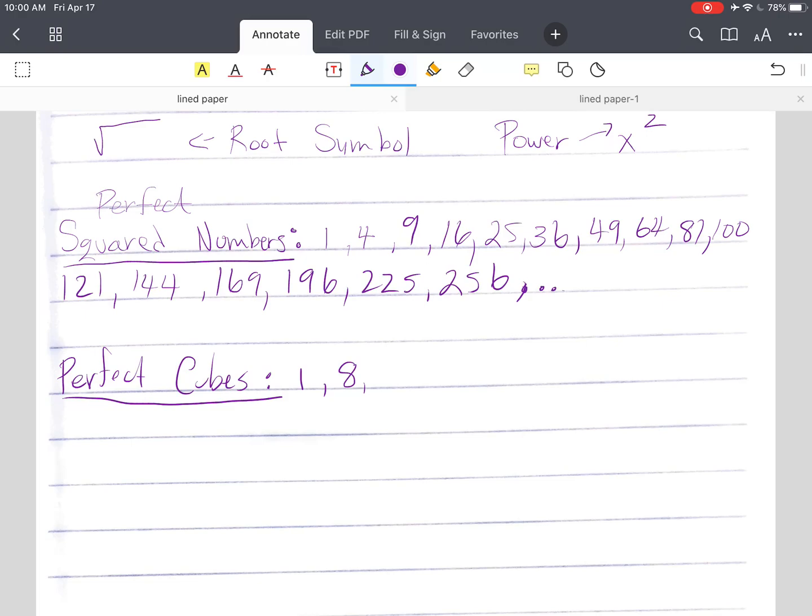What's 3 times 3 times 3? 27. Notice how they're getting a little bit bigger a lot faster, right? 4 times 4 times 4? 64. 5 times 5 times 5. 125. 6 times 6 times 6.